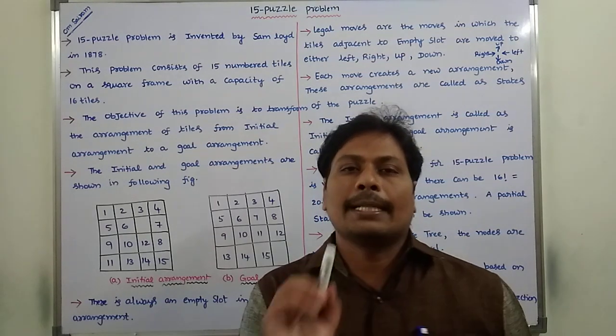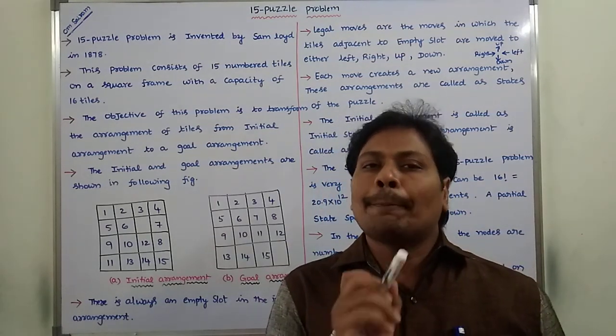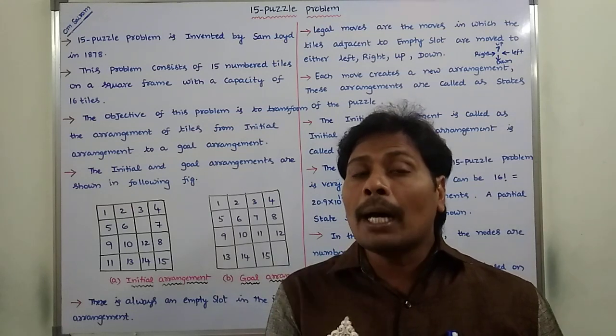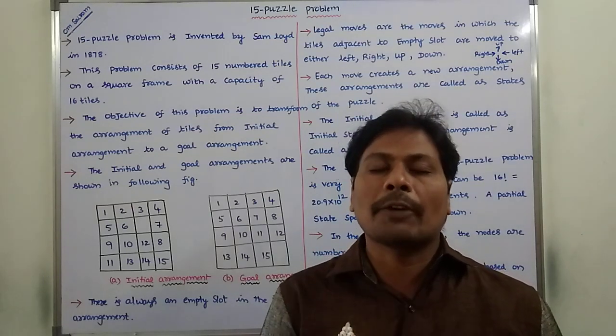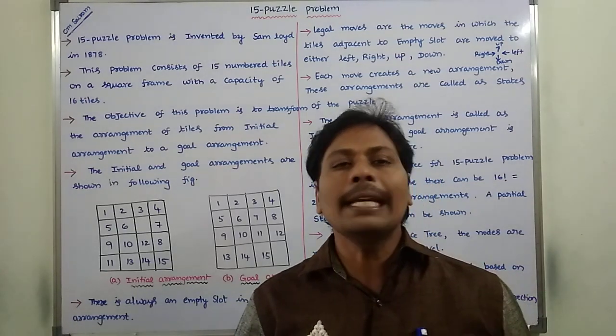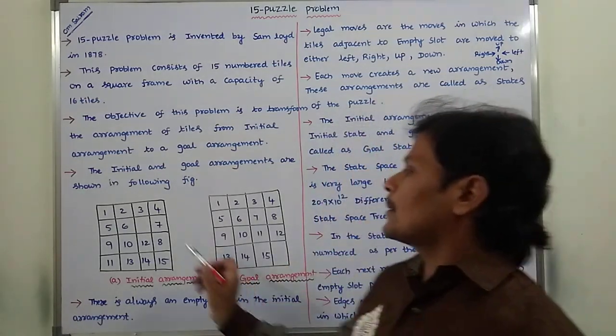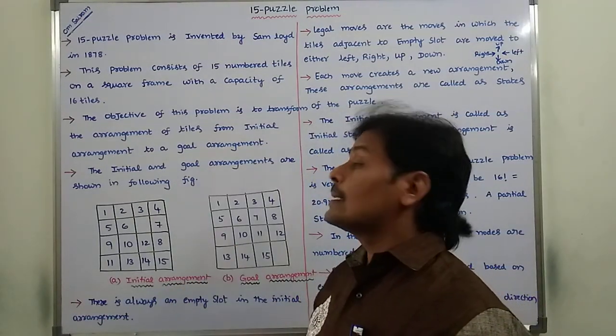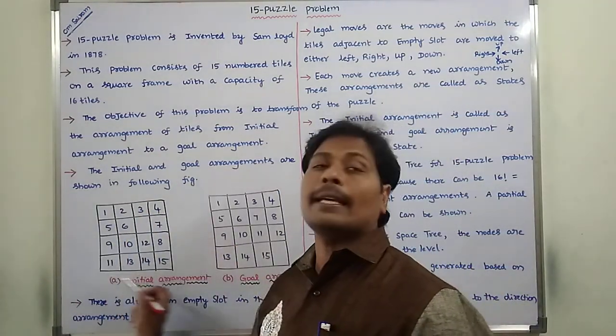Next, the 15 puzzle problem consists of 15 numbered tiles on a square frame with a capacity of 16 tiles. So this is a square frame. On that square frame, 16 tiles capacity is there.